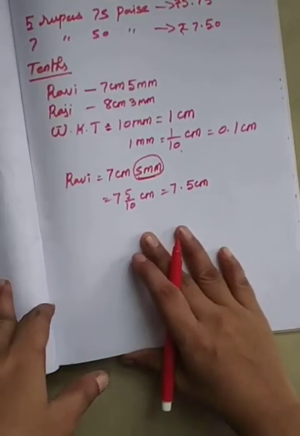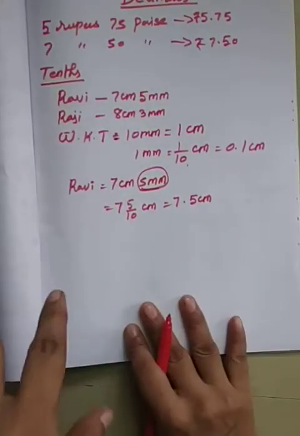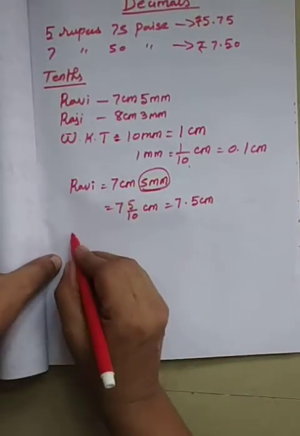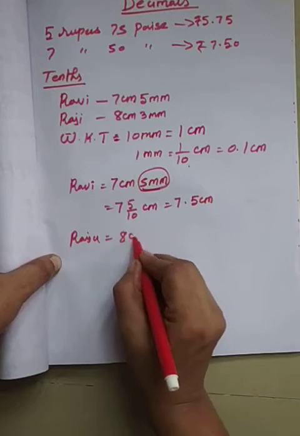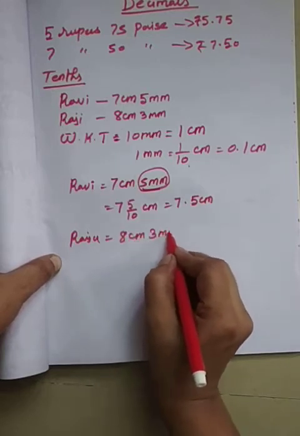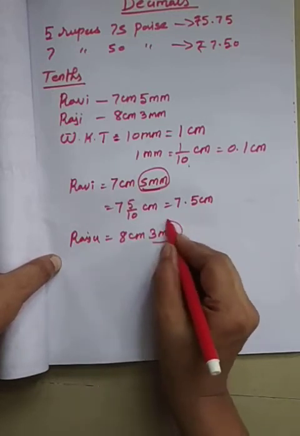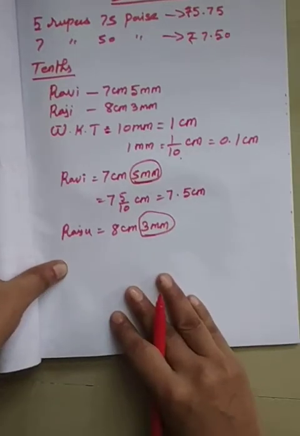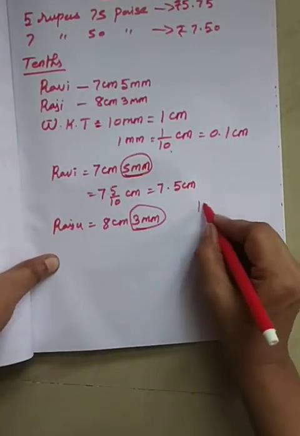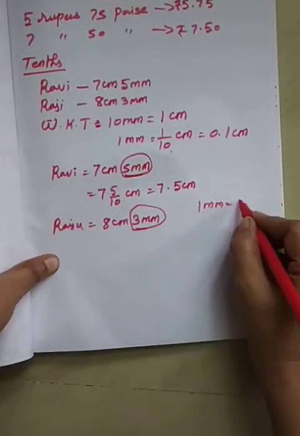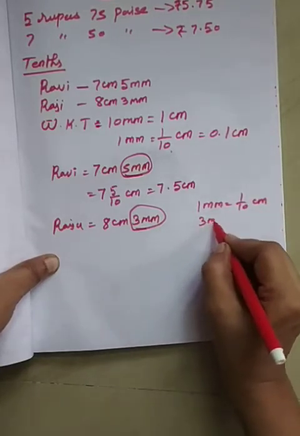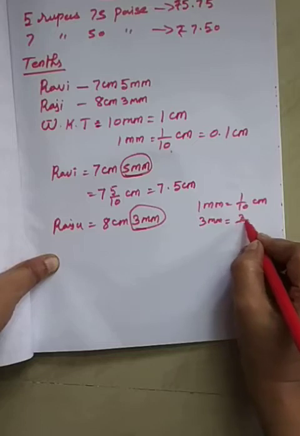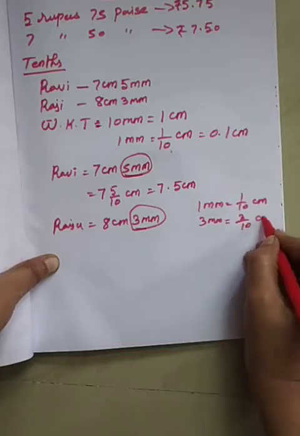Everybody clear? Now we have to see the length of Raju's pencil, 8 centimeter 3 millimeter. Here also you have to change millimeter to centimeter. 1 millimeter is equal to 1 by 10 centimeter. You need 3 millimeter, so you write 3 by 10 centimeter.